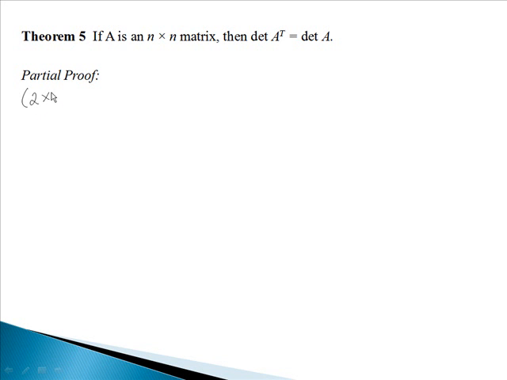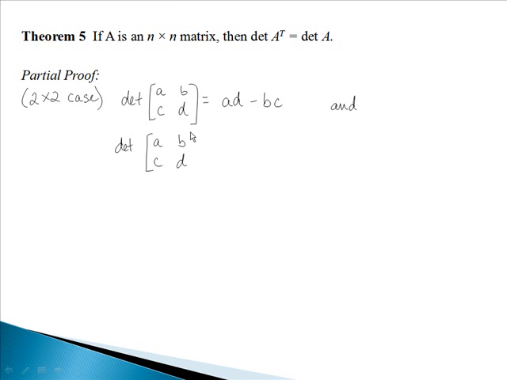We're going to look at the 2 by 2 case first. If I take the determinant of the matrix [A, B; C, D], just a 2 by 2 matrix, then that is AD minus BC. And let's look then at the determinant of the transpose of that matrix.